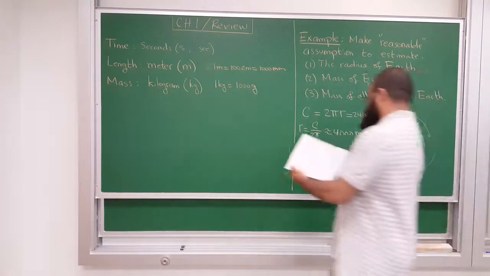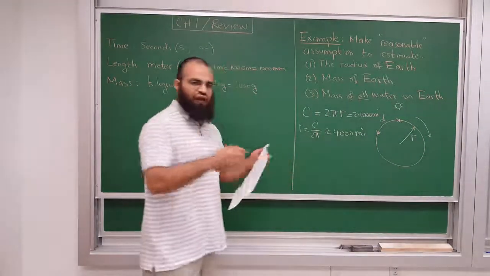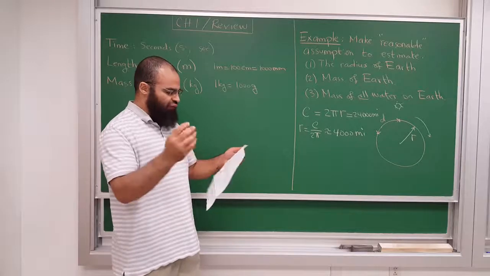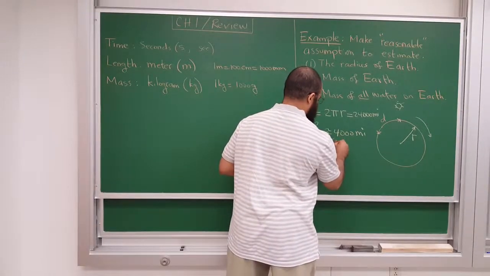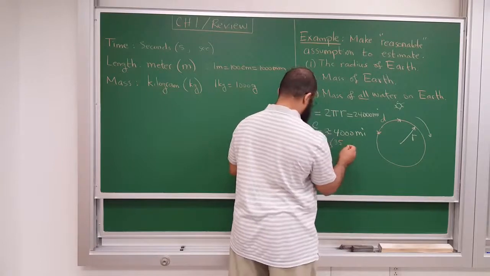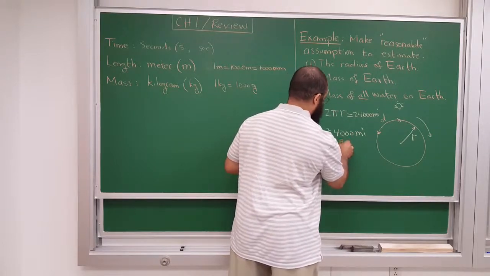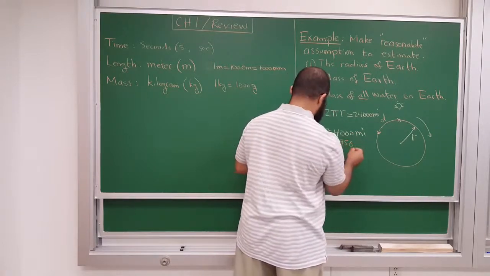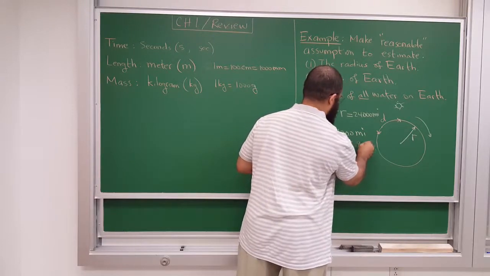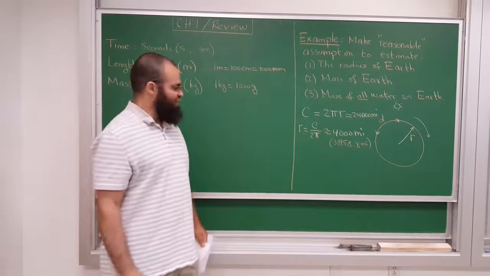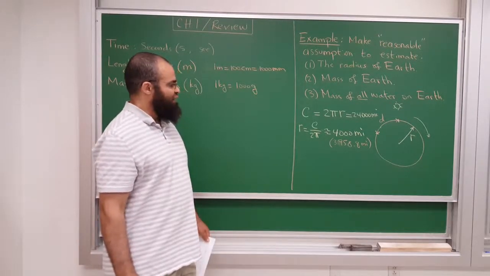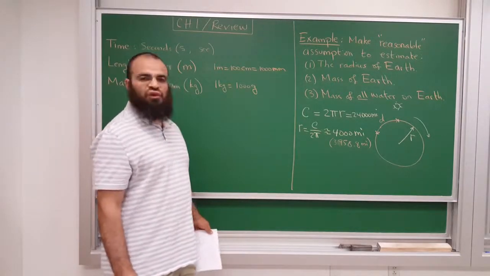It turns out that the actual value, the average radius of Earth, is 3,958.8 miles. On average, that's what it is. So we're very close, all right? And we have estimated the radius. It's about 4,000 miles.